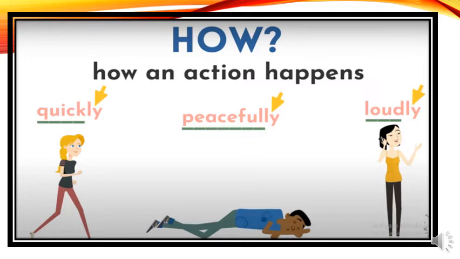So first, they were adjectives like quick, and then by adding ly, it becomes an adverb quickly, peaceful, peacefully, and loud was an adjective, and we formed an adverb by adding ly at the end of loud. So it became loudly. That is an adverb.